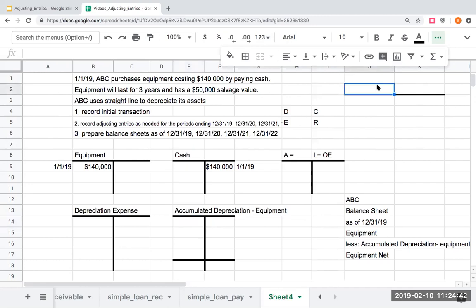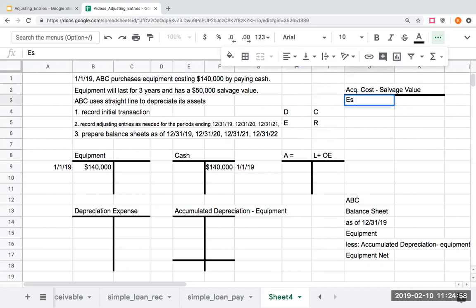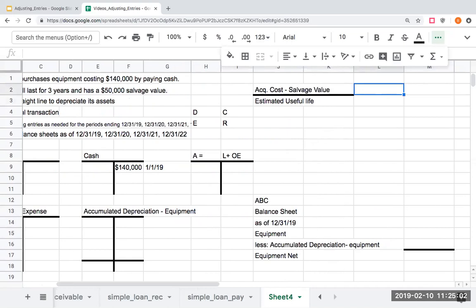Now, how do I determine the amount of the depreciation expense? What we've said is if you go back and look at the earlier part of the video, we've got our acquisition cost less our salvage value divided by the estimated useful life. So for right here, this acquisition cost is $140,000 minus the salvage value of $50,000.